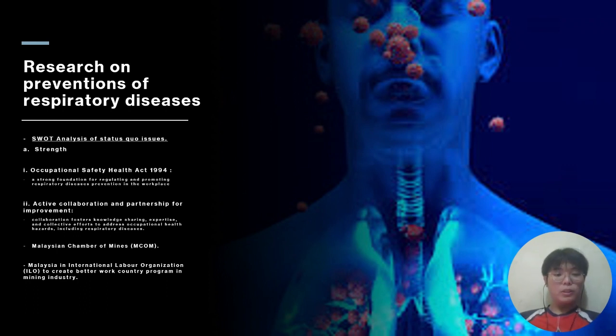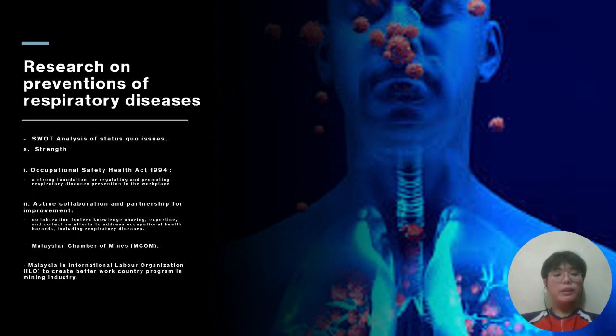This is because Australia is very famous in mining rare earth resources, which is more dangerous compared to our own country. So the collaboration with Australia will be a very good tactic for Malaysia, as it will give many benefits, such as Australia's advanced technologies that can prevent respiratory diseases. So through the collaboration, Malaysia can overcome its weaknesses.